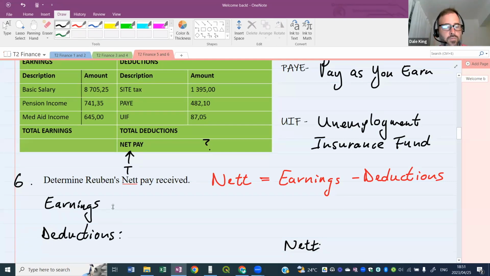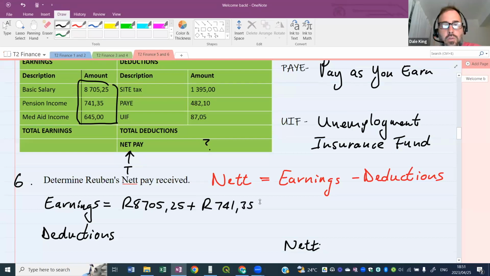For the earnings, this will be the sum of all these values over here. So we need 8705,25. I'm going to write this all out so you can see what you should be typing on your calculator. And then 741.35 plus 64500. And this will give us earnings total.